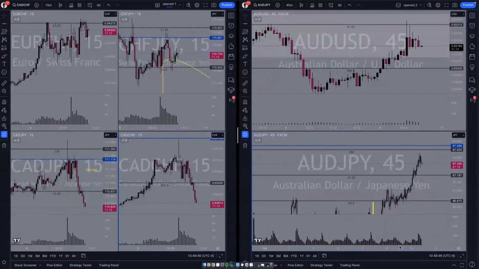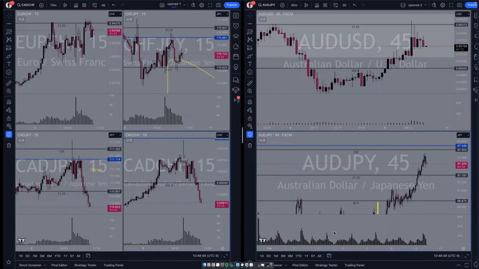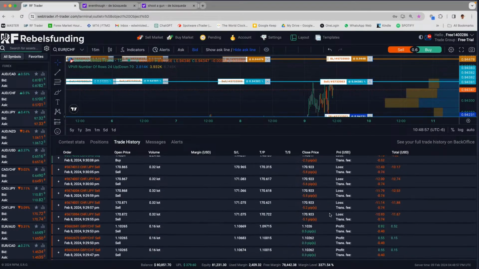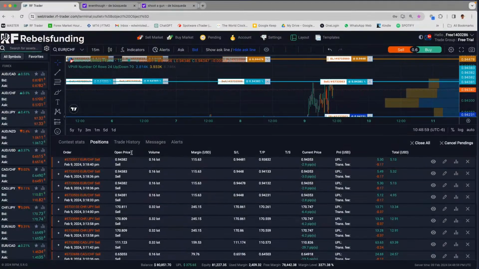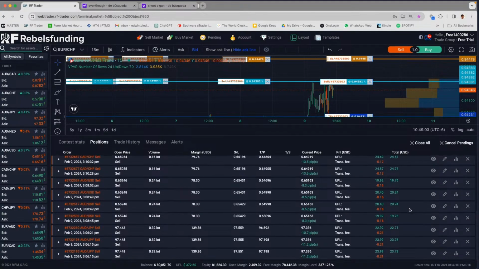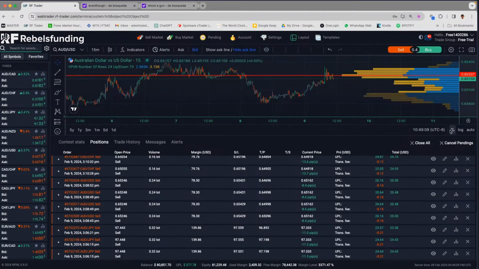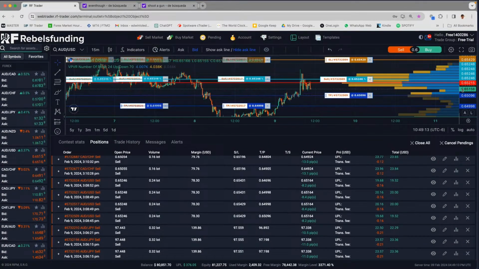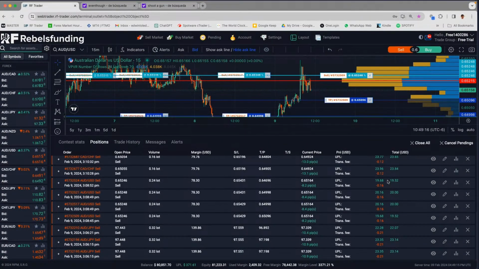Let me see what the overall win is. Positions. Let me just see this AUD USD trade. This has not hit TP1 or TP2 or anything.